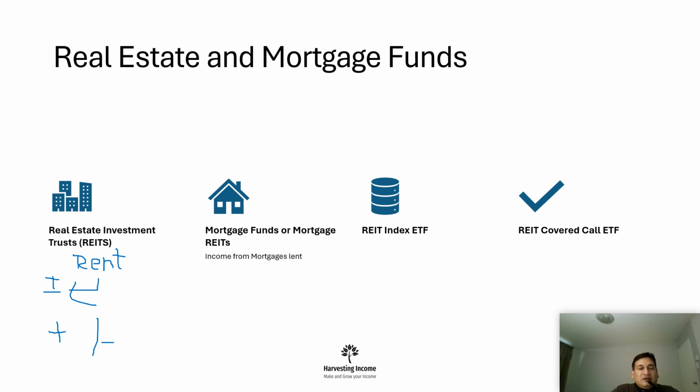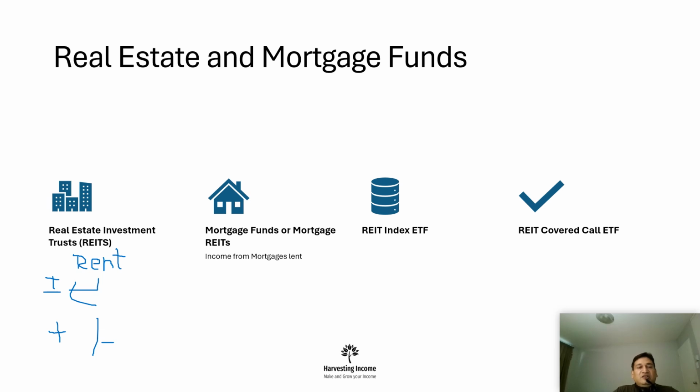Now, taking this further, there are other types of funds which are called mortgage funds. So let's say you want to invest not in the real estate, but you want to invest in the mortgage. Basically, mortgage funds lend money to different types of borrowers. It could be individual borrowers or even commercial borrowers who want to invest in commercial property.